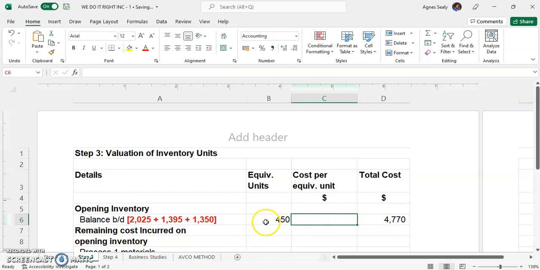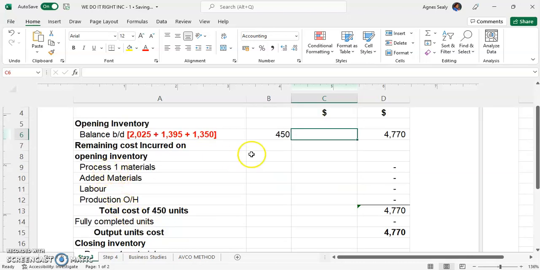So my opening inventory units were 450 units, and those are valued at $4,770.